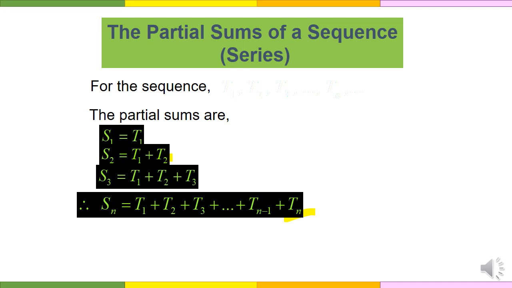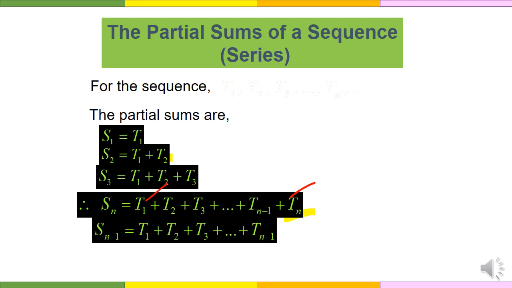That is for Sn. And then S of n minus 1 is the addition of T1 up to the term n minus 1, so it has one term less compared to Sn.